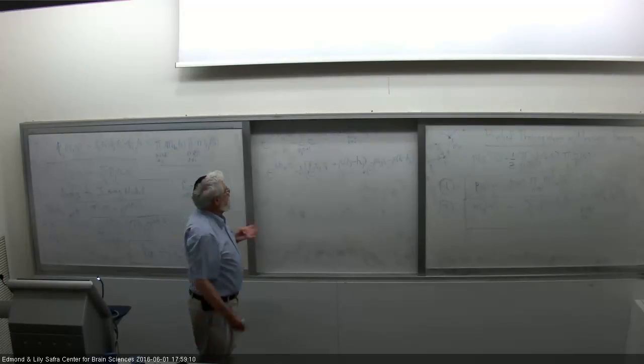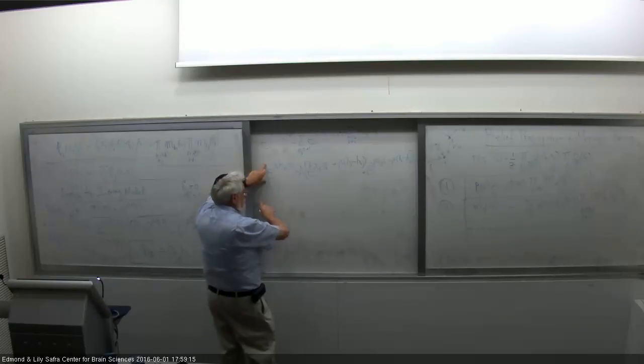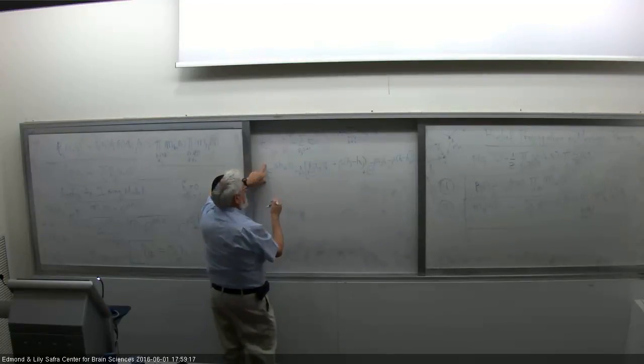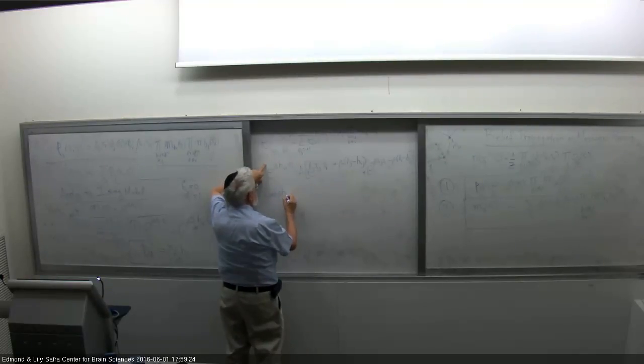And if you do it, you subtract the two values, plus 1 and minus 1, and divide by the sum of them. Then you get on the left-hand side hyperbolic tangent of beta h_ji.